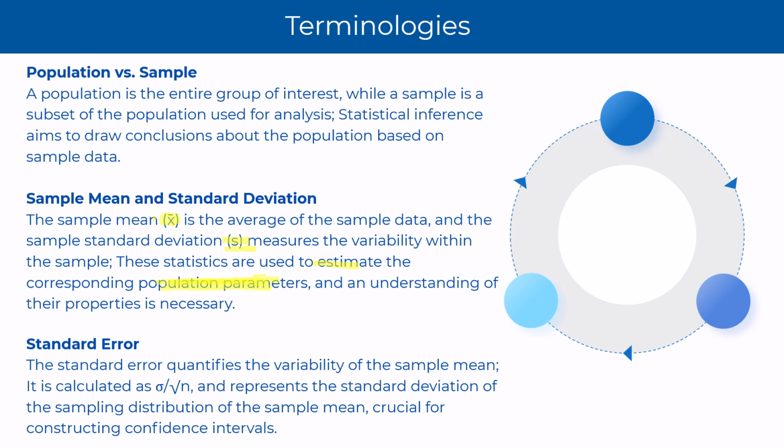For the standard error, you see this when we compute for our sampling distribution. The standard error, which is just the population standard deviation over the square root of n, represents the standard deviation of the sampling distribution of the sample mean, which is crucial for constructing confidence intervals.